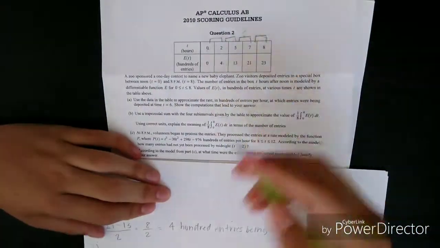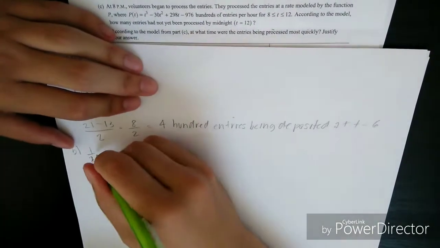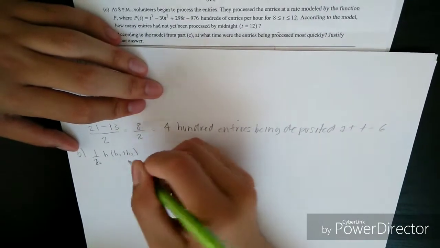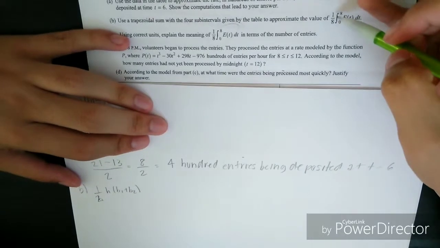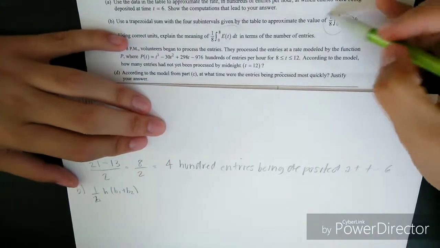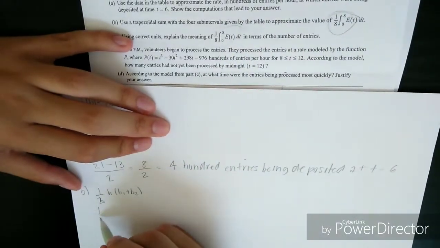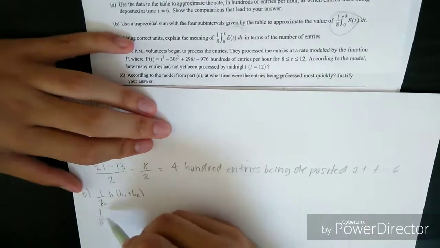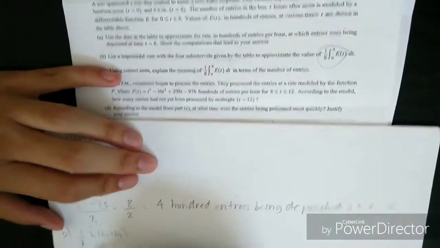Now the formula for trapezoidal sum is 1/2 height times b1 plus b2. We need to calculate the value of this right here, so that's what we're going to be using from 1 over 8. We need to make sure to keep 1/8 outside because that's what's asking for.